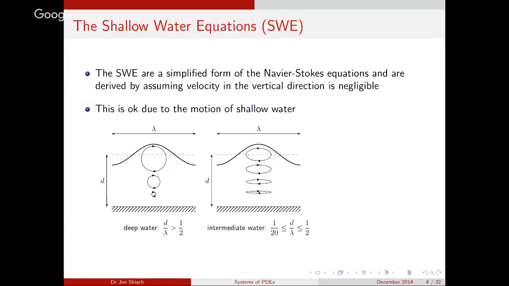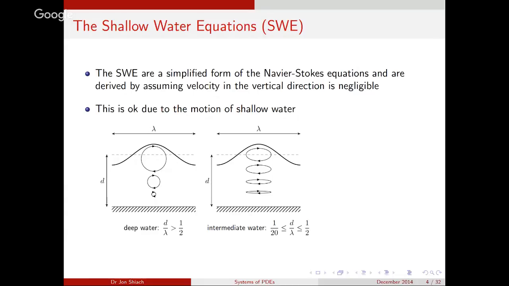As the depth decreases, the behavior of the wave changes slightly. So here I've got the same wave, but imagine this D is a lot less. The wavelength is again lambda, and for what we call intermediate depth water, the depth to wavelength ratio is somewhere between 1/20th and 1/2.